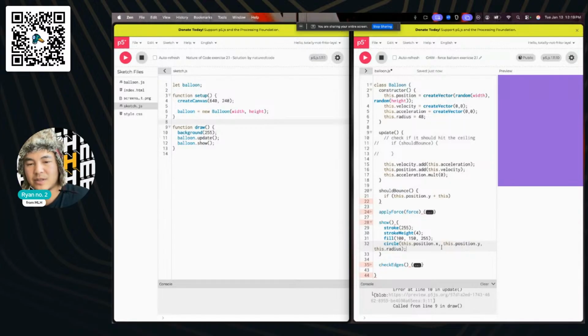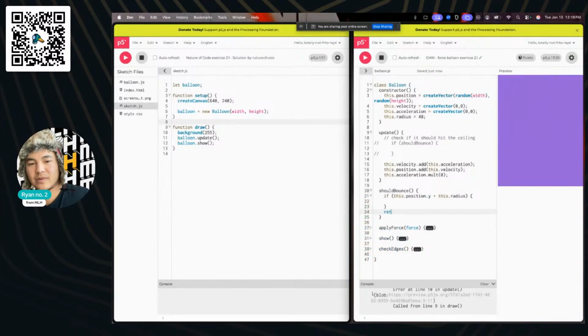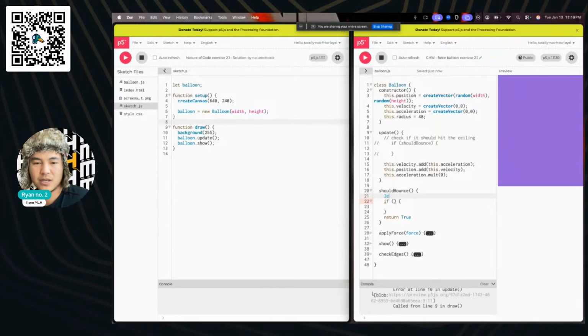The reason we're doing that is so that we can grab onto this radius outside of wherever we've defined what our circle looks like. So now we can do something like this. Let's just have this return true always for right now. This is the current location of wherever it is, so let's put that into a dedicated variable.